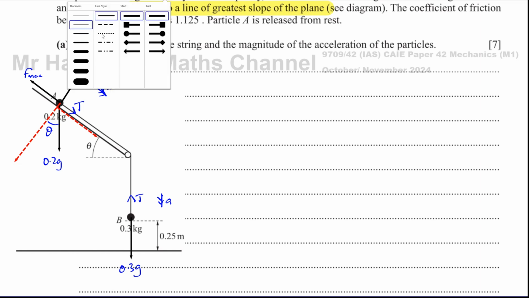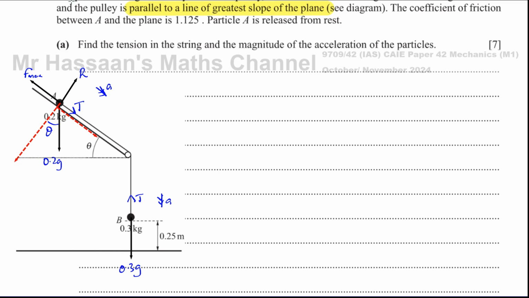Some students are confused about why these two angles are the same, so I'm just going to quickly explain why. In this small triangle, this angle is the same as the angle in the big triangle. This is a shared angle.